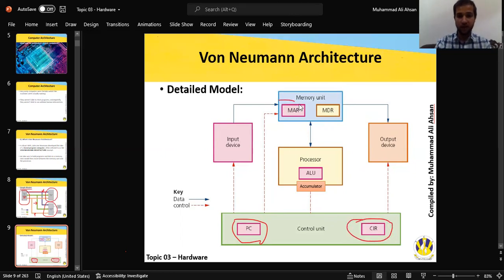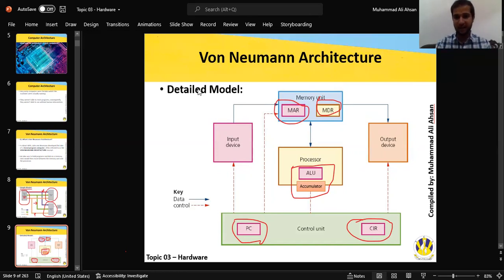A few other blocks are inside the memory unit, like MAR, or this one called MDR. Even in the processor, you have two blocks that can be seen as ALU and accumulator. So now we need to understand what these blocks are doing inside each unit. So let's check them out.